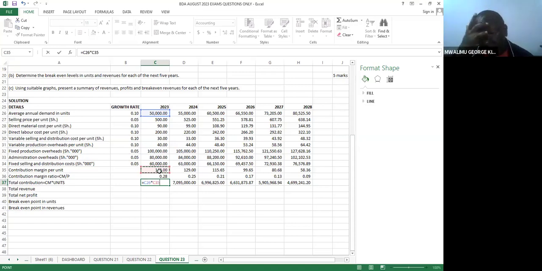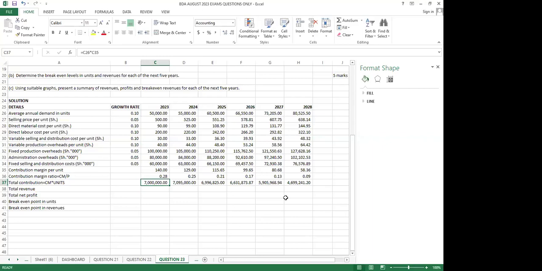Those two. Then you press enter. Then you come here and copy. So is that fine? Yes, yes.